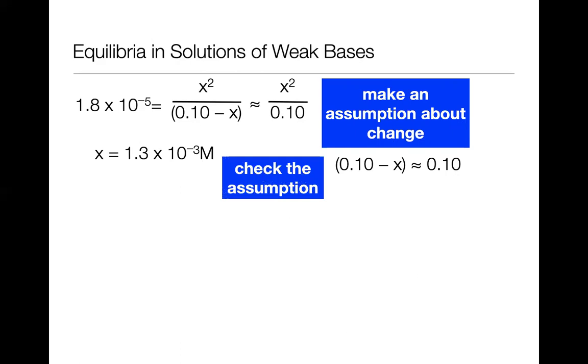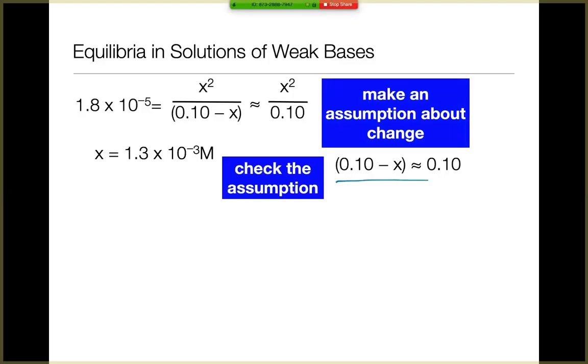Oops, I guess I didn't write it out, so we'll do it by hand. Again, we can check our assumption. If I take this 0.10 and I subtract 0.0013, we'll do that out. 0.1 minus 0.0013, I now have 0.0987.